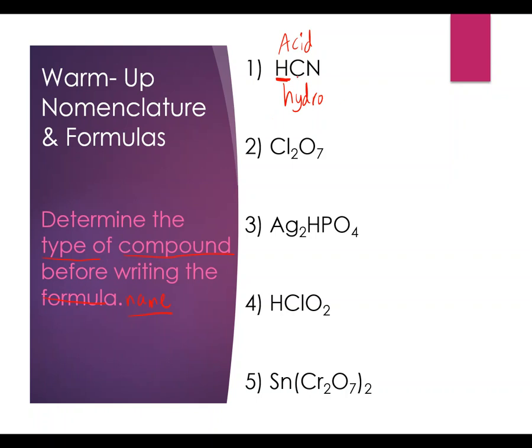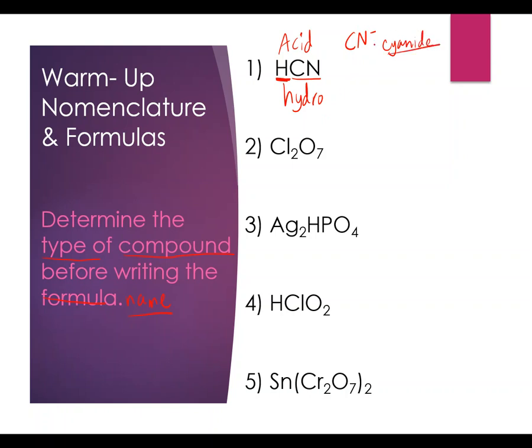Now we're going to put the root of the name here and CN minus. What is CN minus on your polyatomic chart? It happens to be a polyatomic ion. Anybody know the name of that? Cyanide, yes. This is cyanide. Very good.